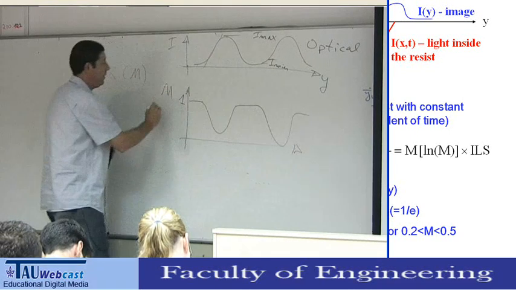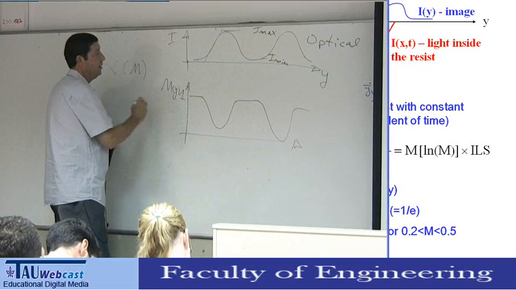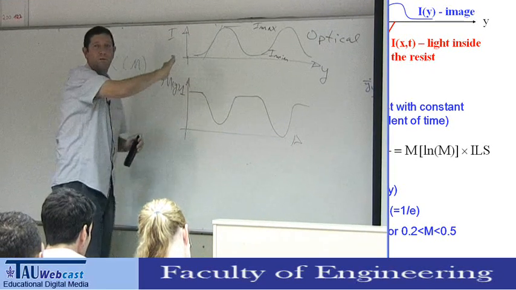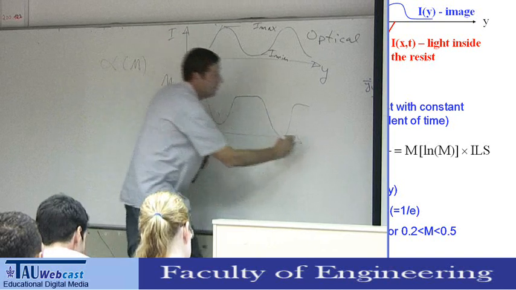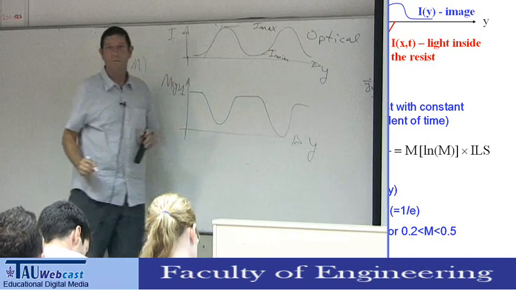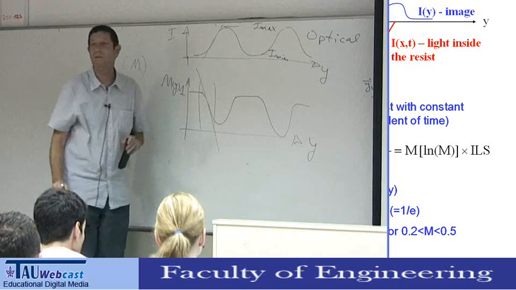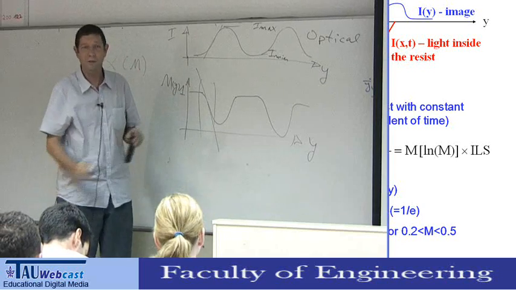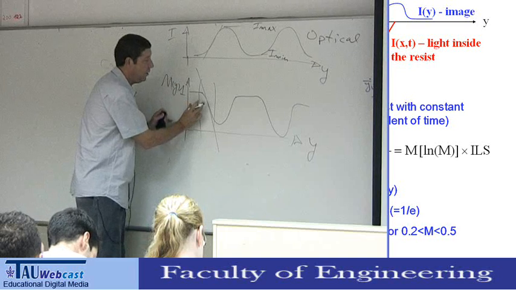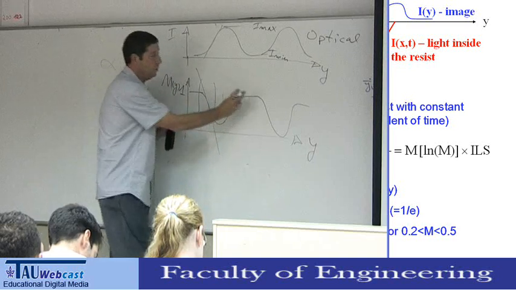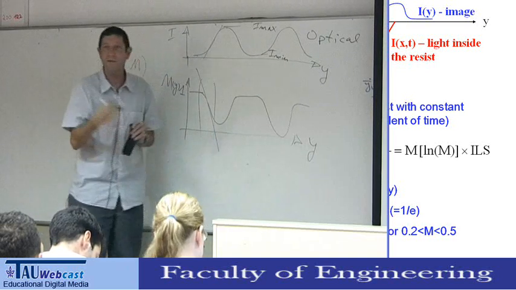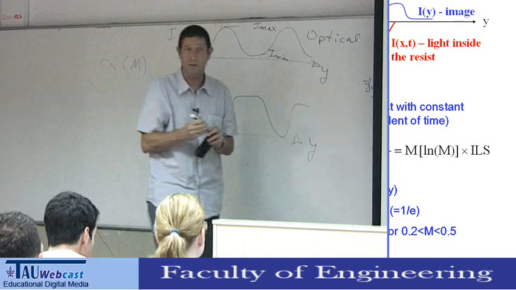So the function of M as a function of y is the opposite of the function of I as a function of y. And I would like this transition here to be as steep as possible. Because this is no exposure, exposure, no exposure, exposure. And this is the chemical image inside the material.